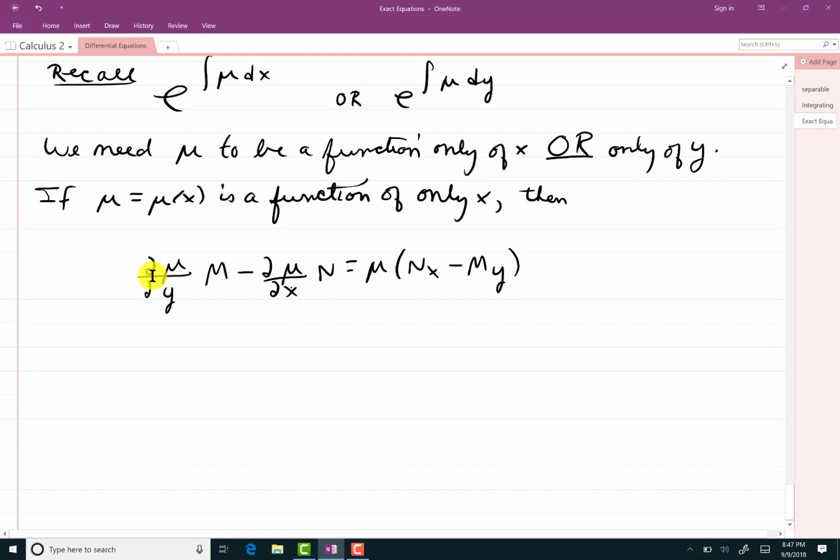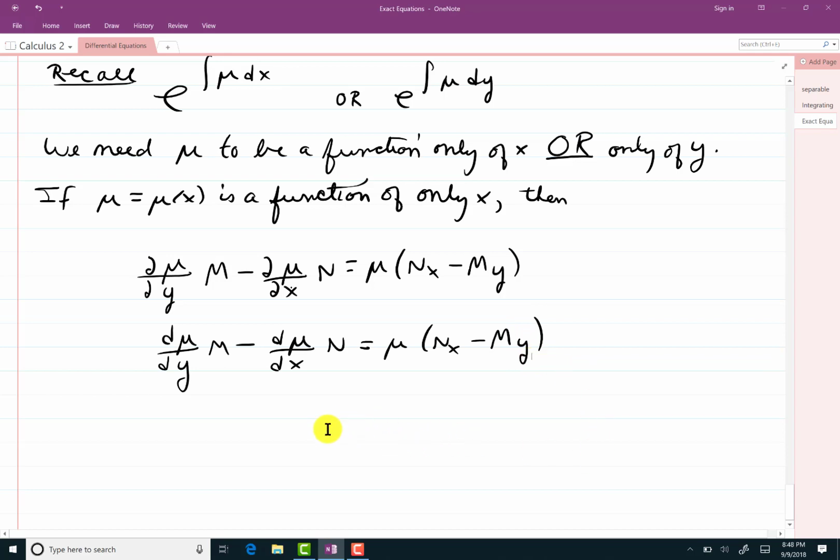Well, I don't even need these squiggly things. The equation becomes d mu over dy m minus d mu over dx n equals mu times n sub x minus m sub y.